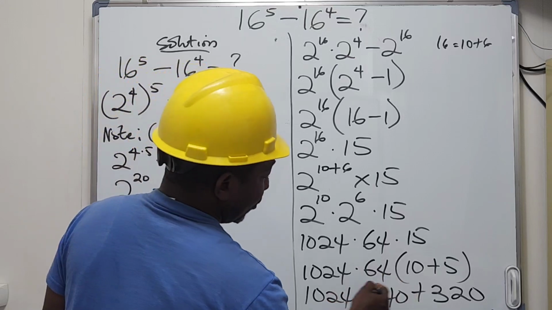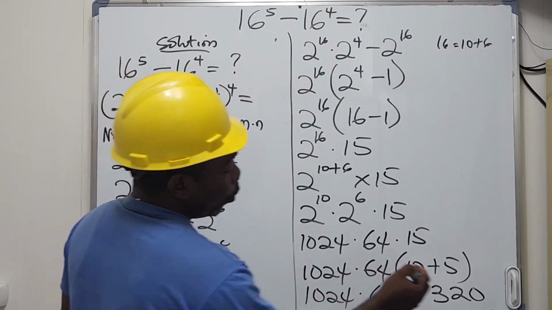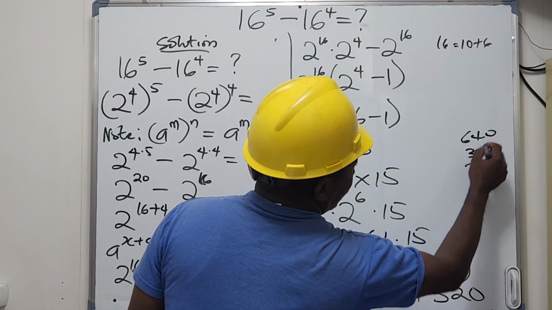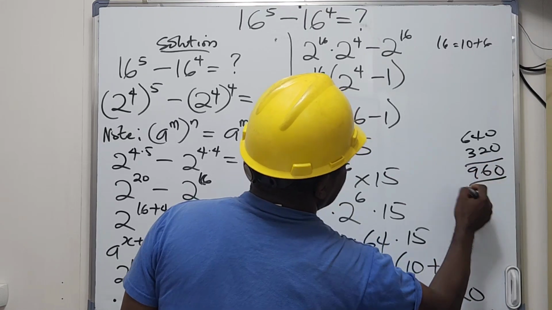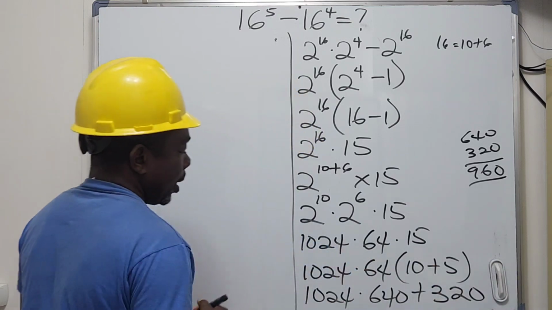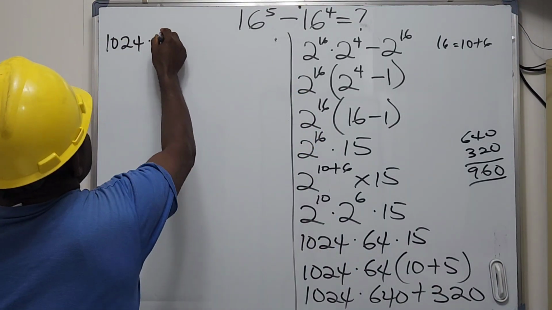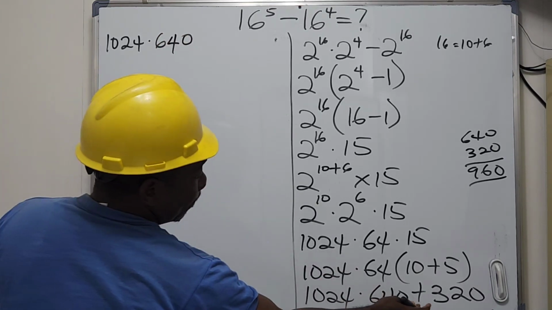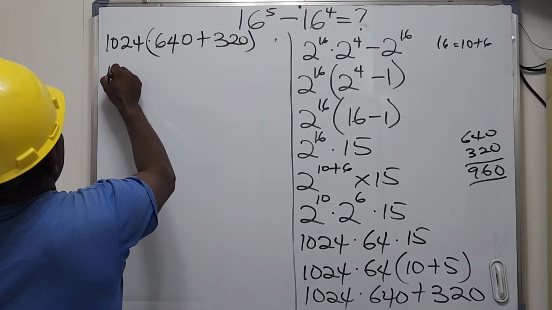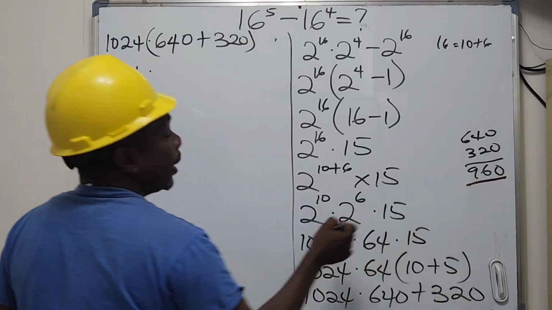So we can add this up. 640 plus 320 will give us 960. So here we come over to this other end. As we said, we have 1024 times 640 plus 320. This will give us 1024 times the whole of here, which as we said gives us 960.